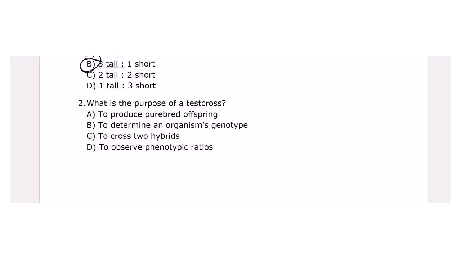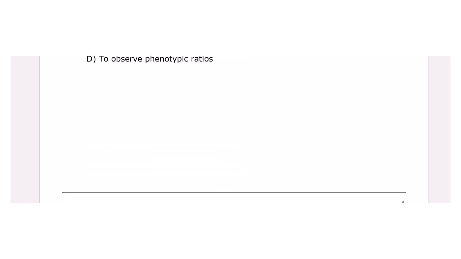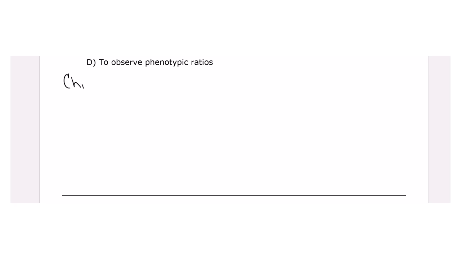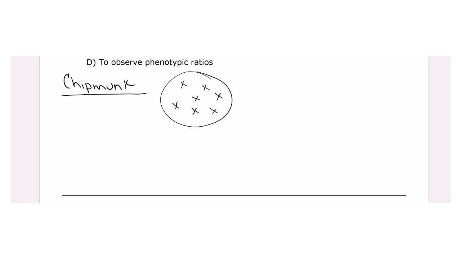What is the purpose of a test cross? Okay, let's do an example. I'll make one up. Let's pick an organism. A chipmunk? Okay, so we have a population of chipmunks. I don't know how to draw them. They're going to be X's. We already determined, what's the trait we're going to look at?